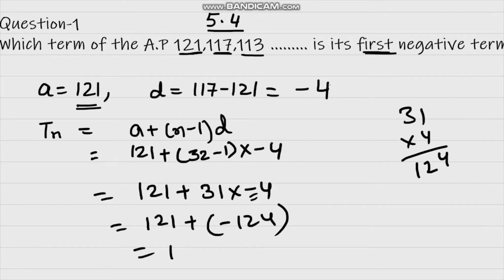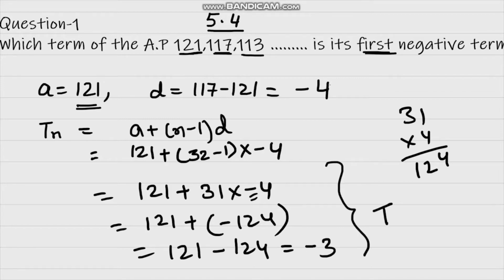Now see children, 121 plus minus 124 will give you minus 3. So from here you can say that T32 is equal to minus 3, and this is the first negative term of the series AP 121, 117, 113 and so on.